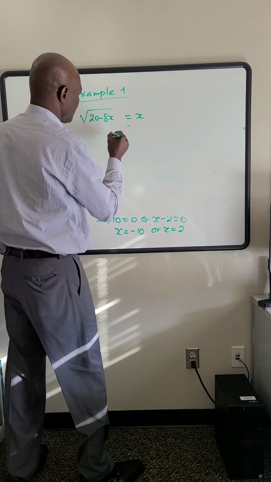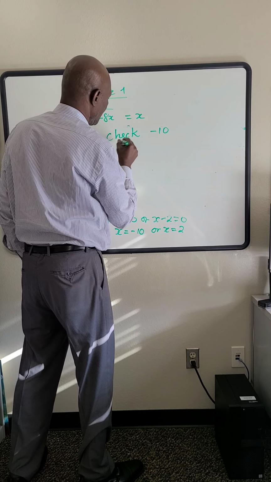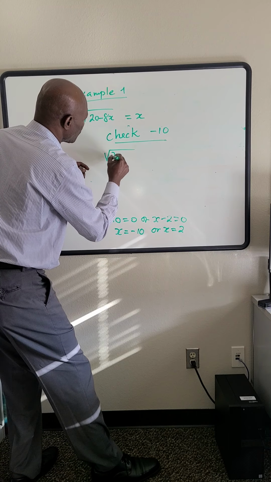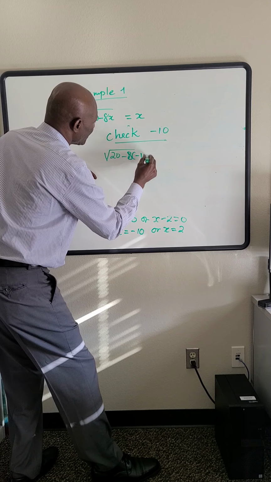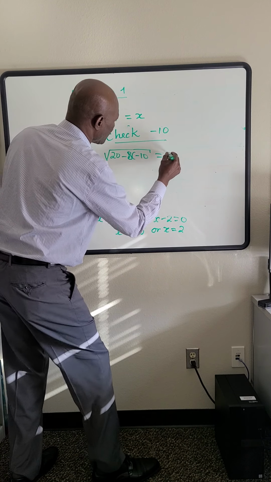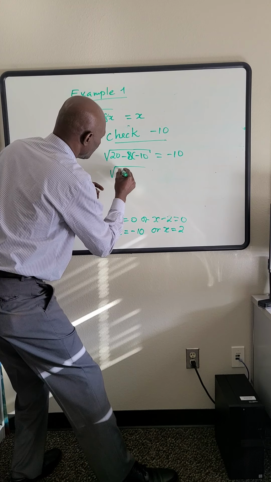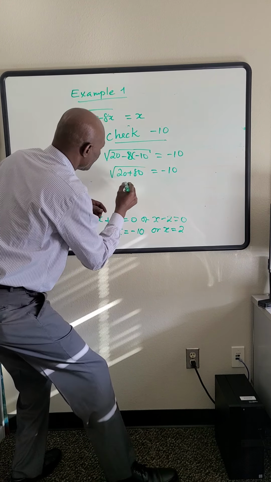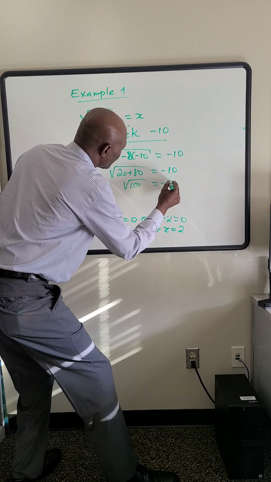So check negative 10. In the original equation, it's going to be the radical of 20 minus 8 times negative 10 equal to negative 10. So radical of 20 plus 80 equals negative 10, or radical 100 equals negative 10.